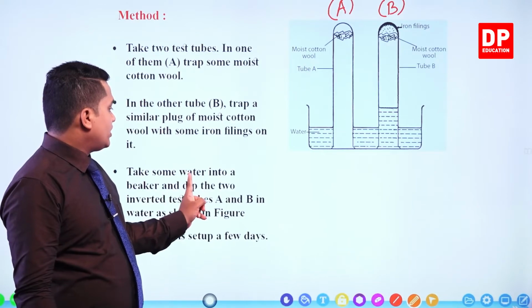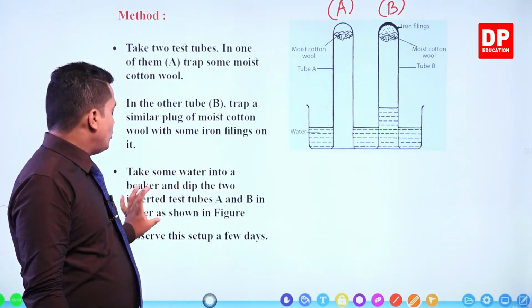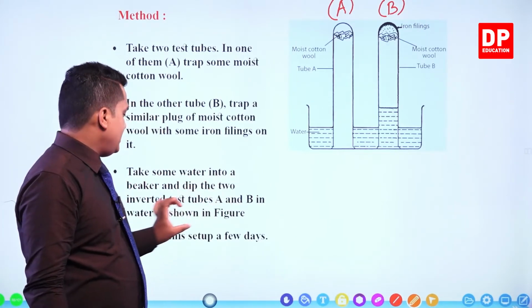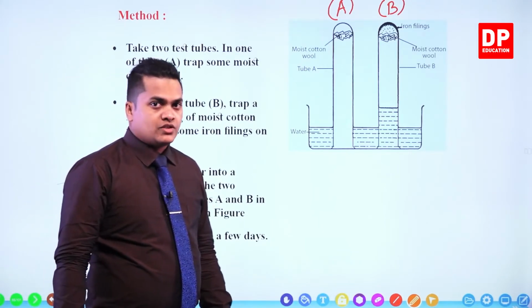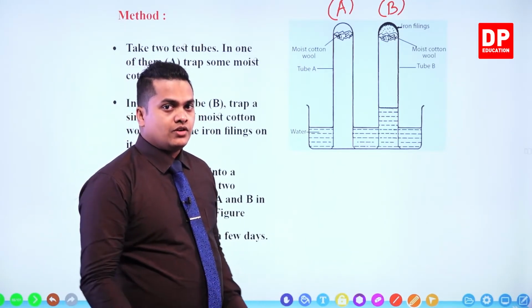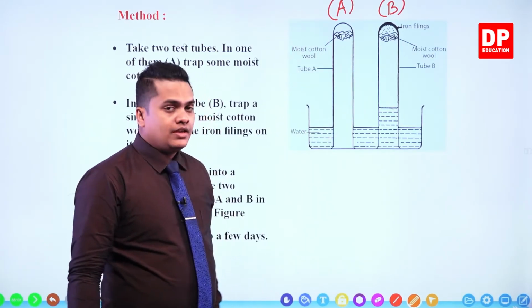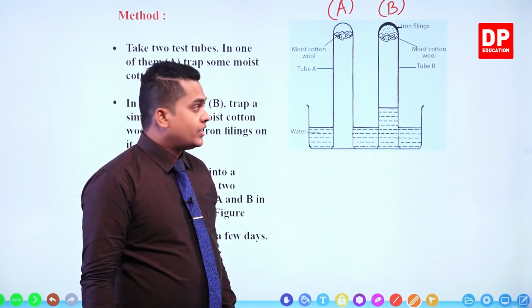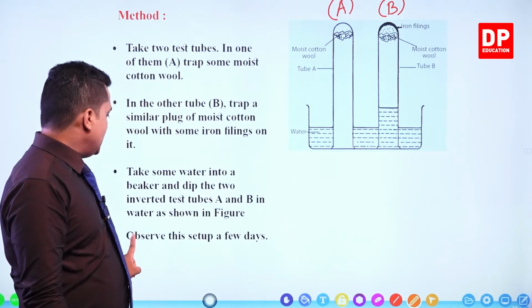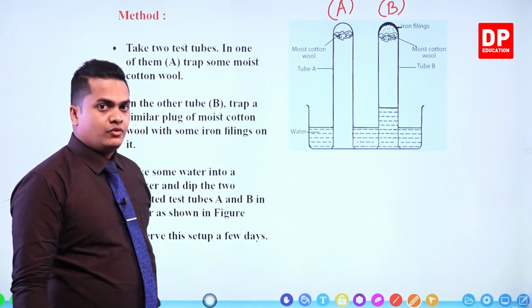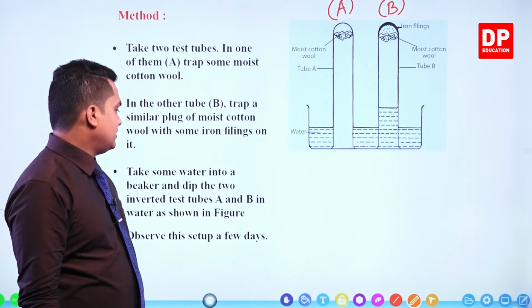Then take some water into a beaker and dip the two inverted test tubes A and B in water as shown in the figure. So that's why I told you that we'll be needing a larger beaker or else a water trough. So we have to put water and dip the two test tubes according to the given figure like this. Then observe this setup after a few days.